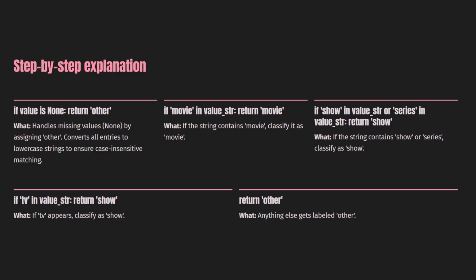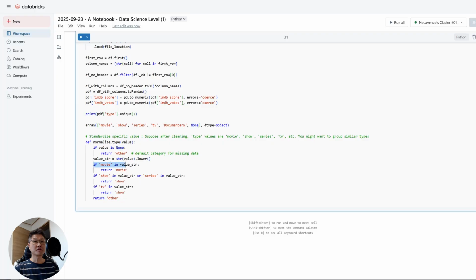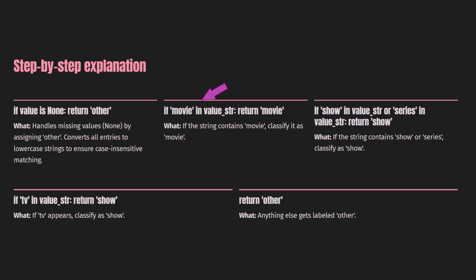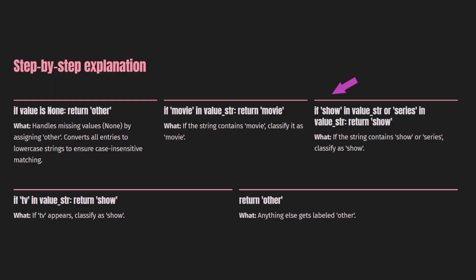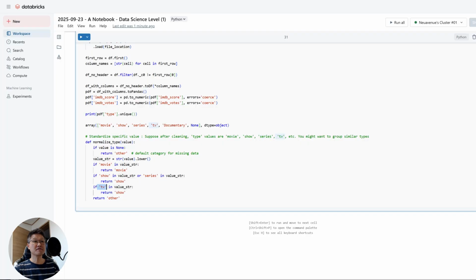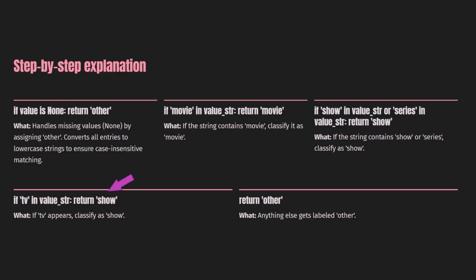It converts all entries to lowercase strings to ensure case-insensitive matching. If the string contains movie, it classifies it as a movie, and if the string contains show or series, it classifies it as show. If TV appears, classify as show, and the final line is anything else gets labeled other.